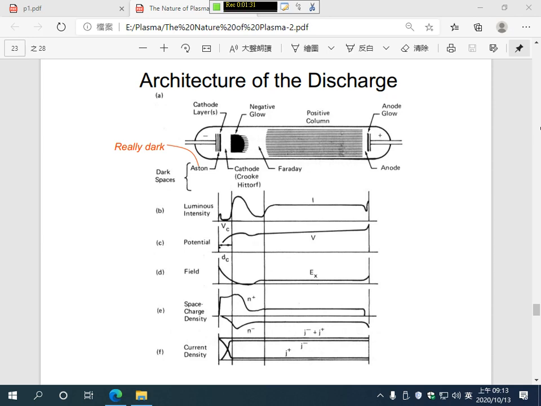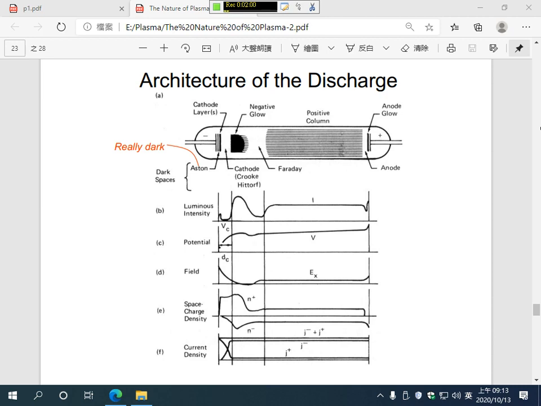Based on the analysis, we can measure the luminous intensity distribution, and we can also measure the potential distribution across the discharge tube.